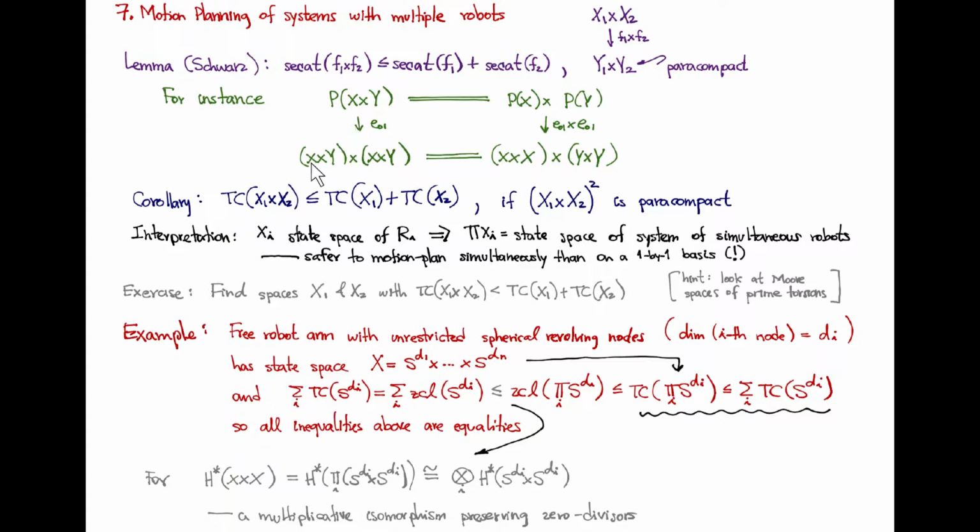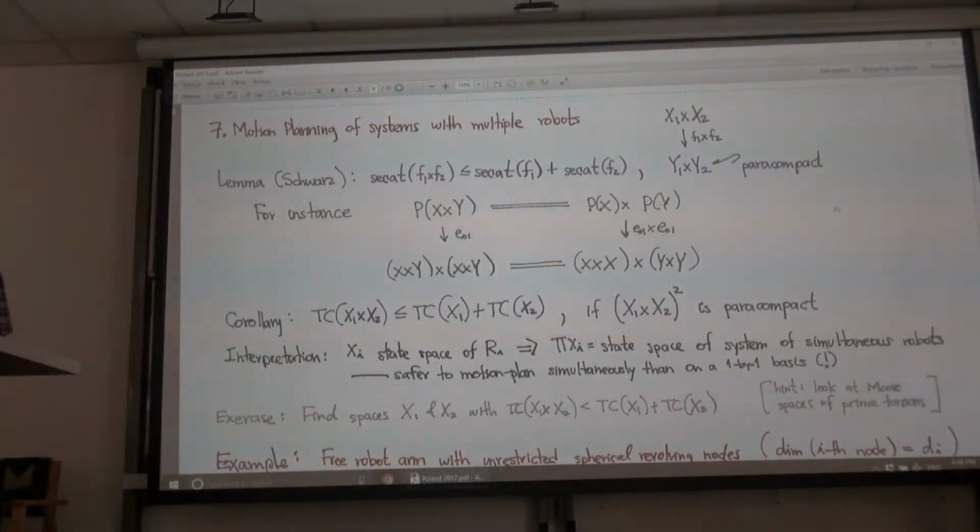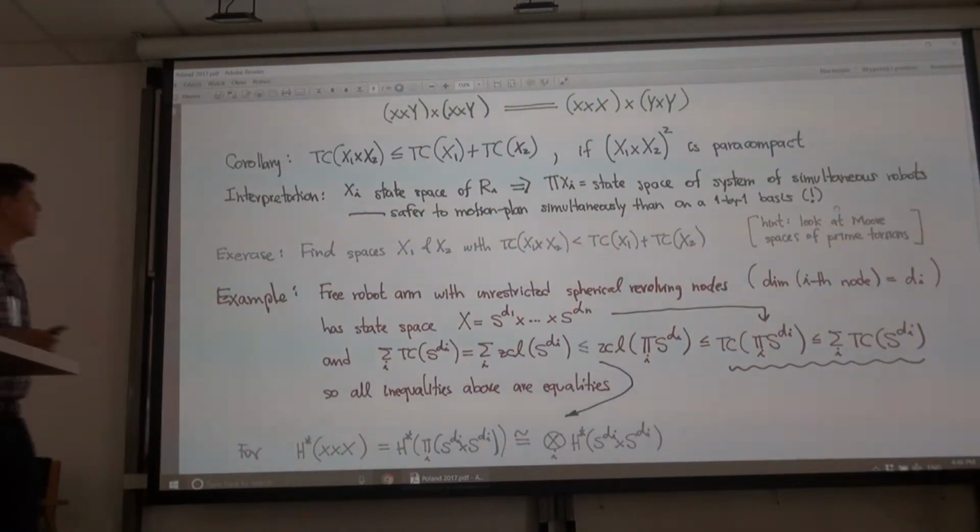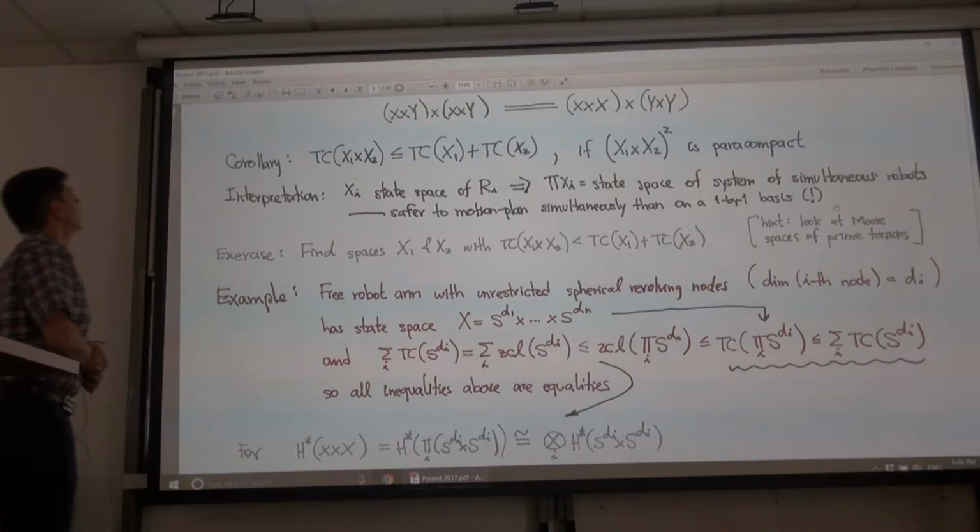Originally you evaluate at 0, 0, and 1, 1. And if you swap these two factors, you would be evaluating at 0, 1 when this comes into here, and 0, 1 when the Y goes to the other side. In other words, this diagram commutes, and you get for free from this lemma, when you apply the definitions, that the topological complexity of a Cartesian product is bounded from above by the sum of the topological complexities, under nice topological assumptions.